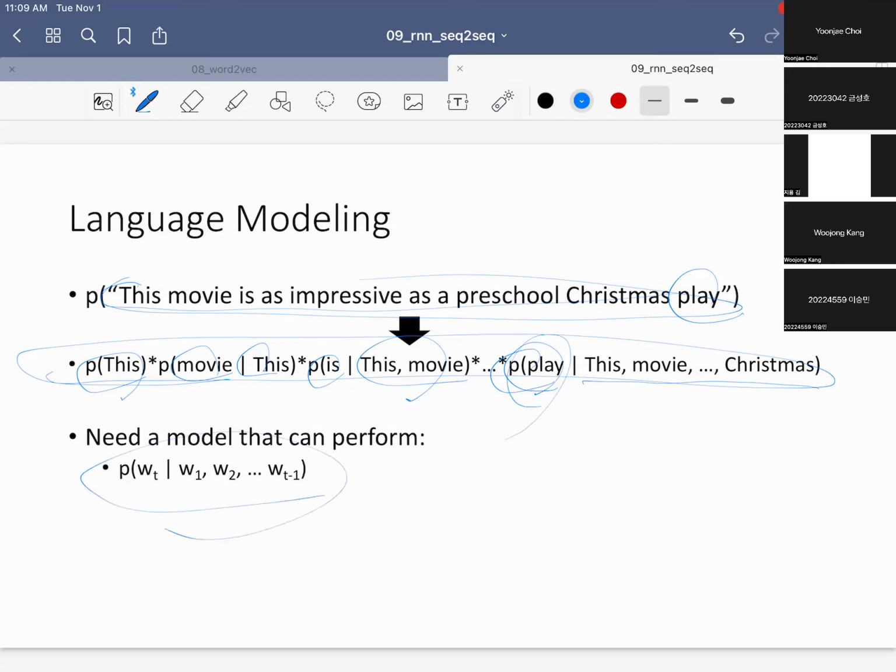I hope everybody knows that the factorized form is exactly the same as the joint probability.